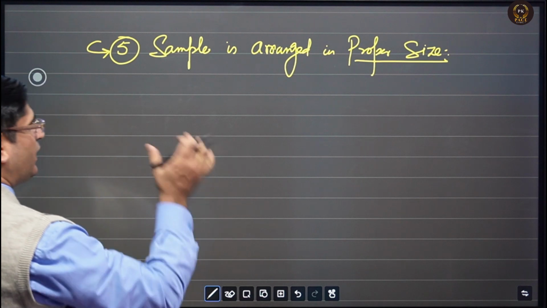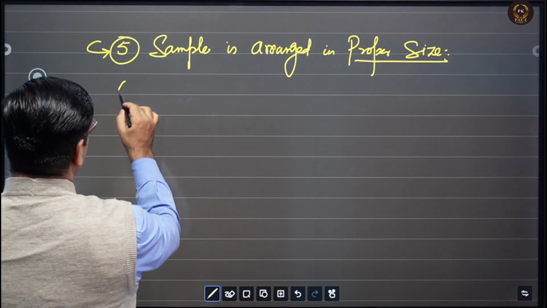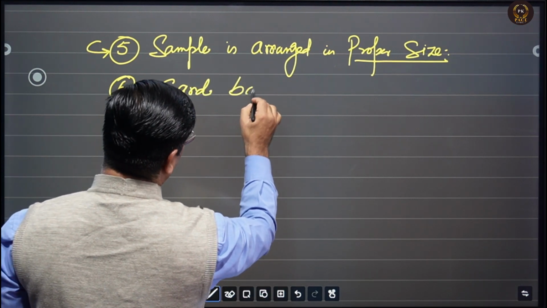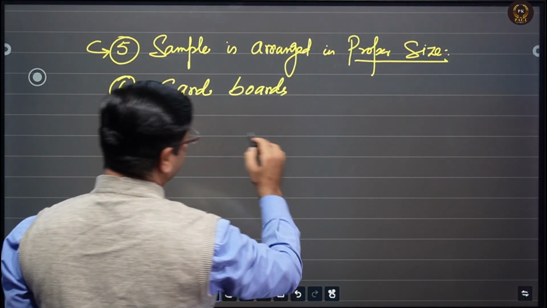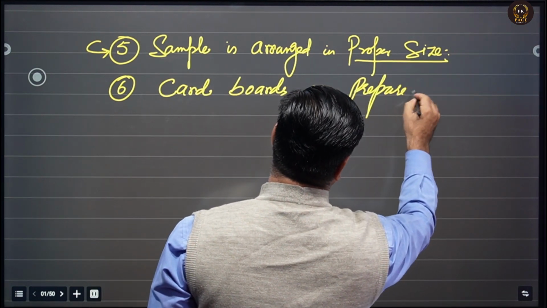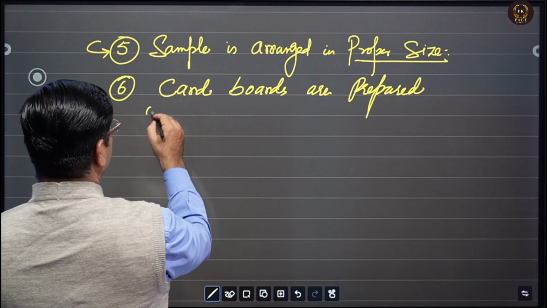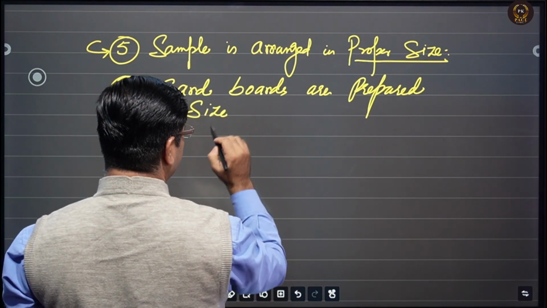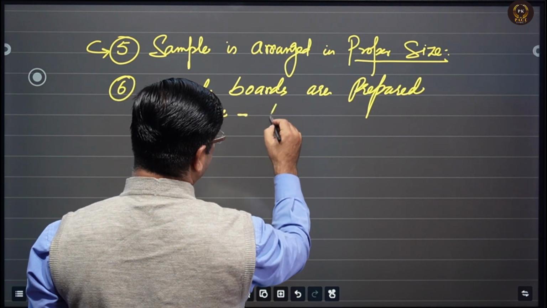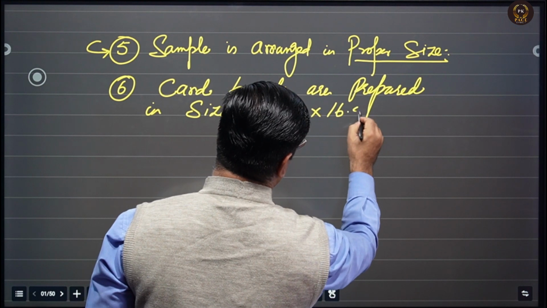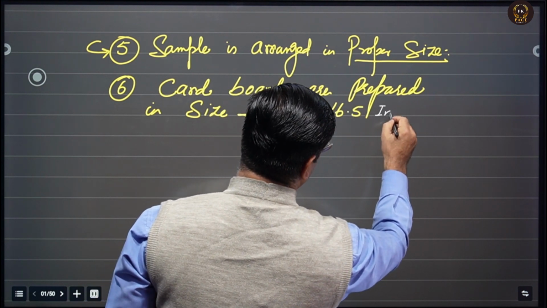So for that purpose, special cardboards are prepared in a proper size. The standard size for this is 11.5 into 16.5 inches.